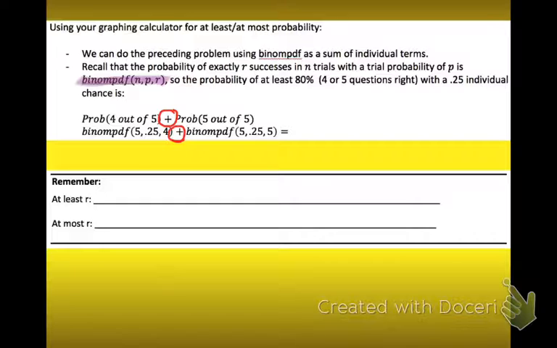It's important to remember these things down at the bottom here: at least r means r and all numbers above r. So if you say at least, for this problem, it was at least 4, so that's 4 or 5. If it was at least 2, it would be 2, 3, 4, or 5.